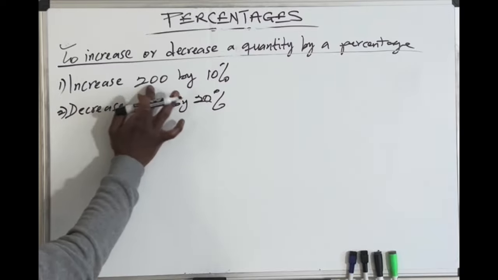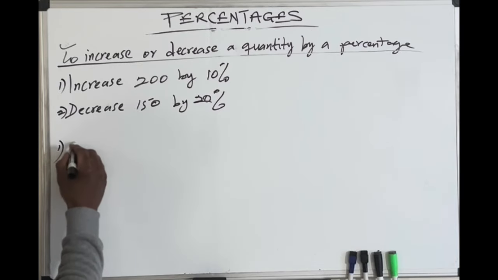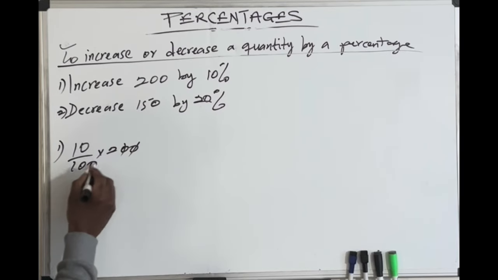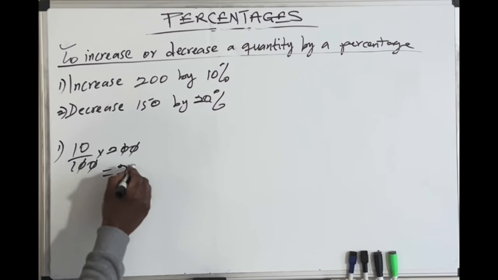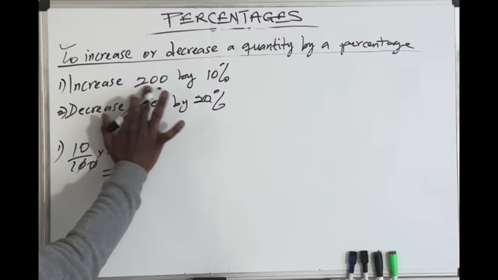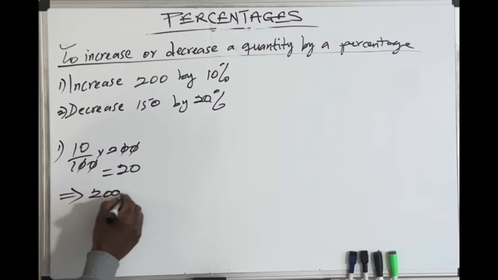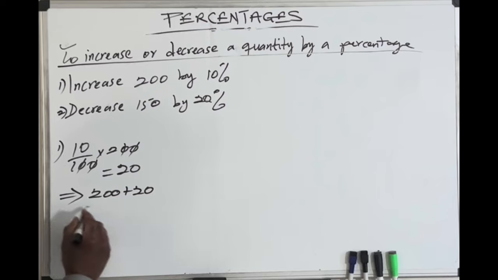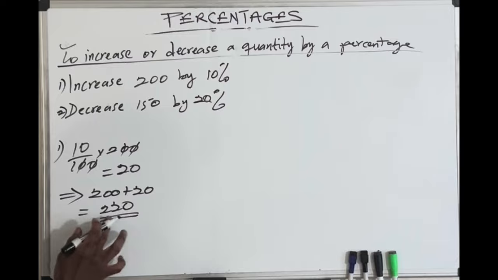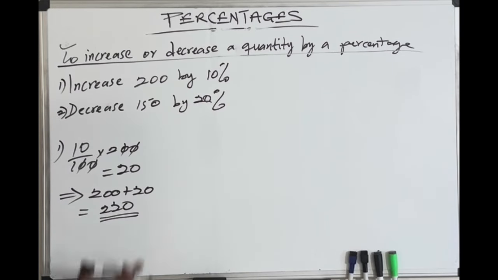So 10 over 100 times 200. Cancel, cancel. Now we have 20. But that's not our final answer because it said increase this 200. That means 200 plus the 20, which is 220. The new value is 220. We have increased 200 by 10%. You see how simple that is?